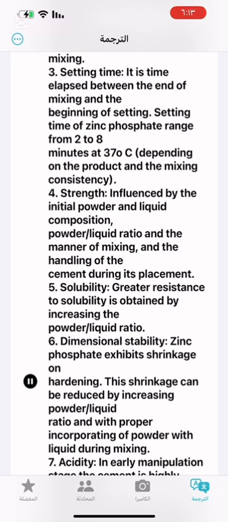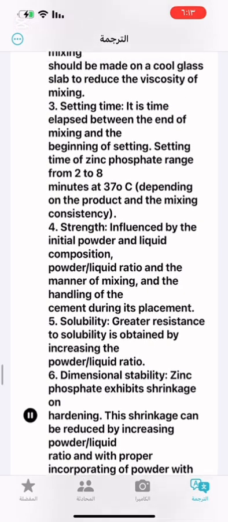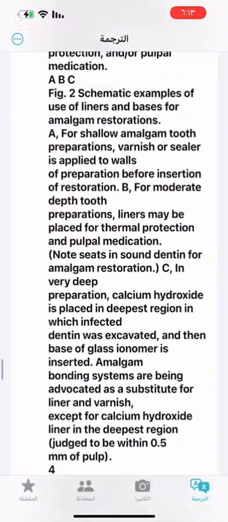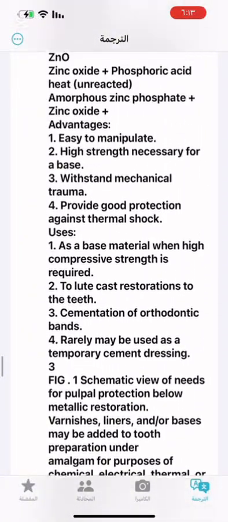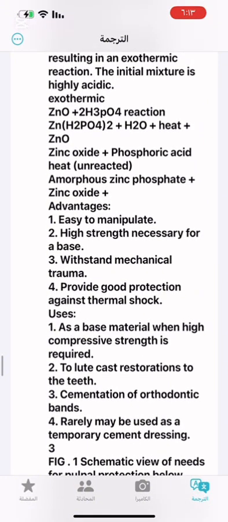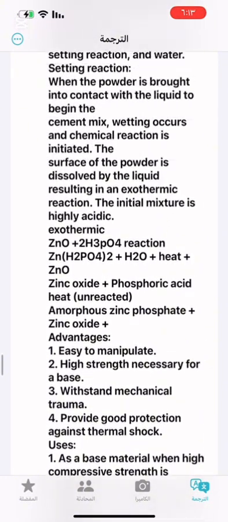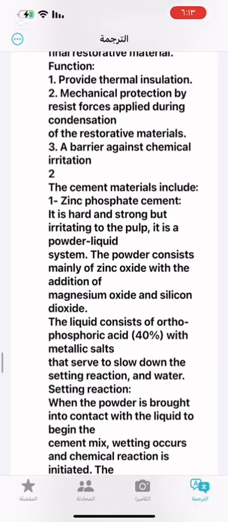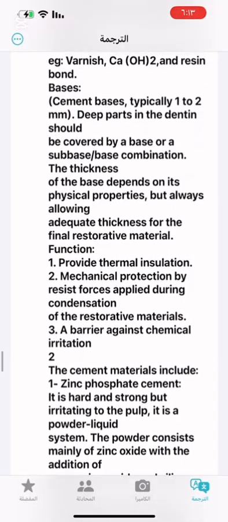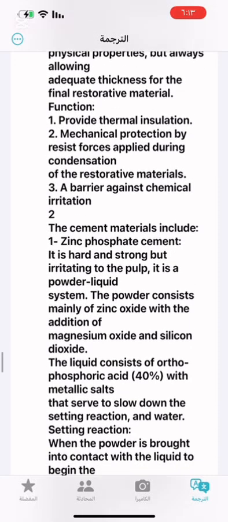1. Insulation against temperature changes and electrical stimuli under metallic restorations such as amalgam. 2. Mechanical protection provided by distributing local stresses from the restoration across the underlying dentin surface. 3.